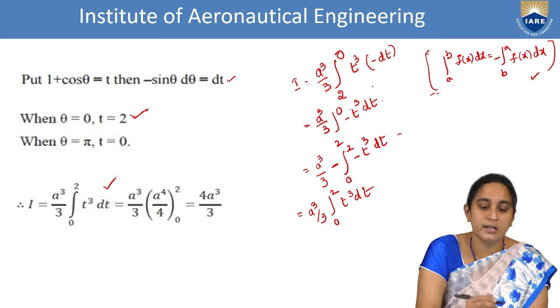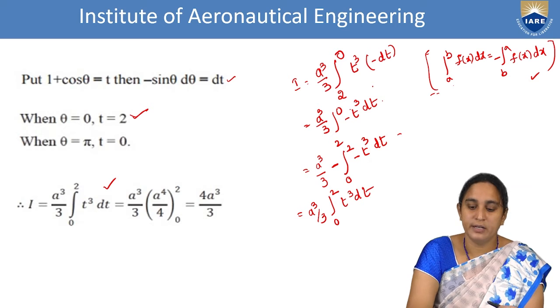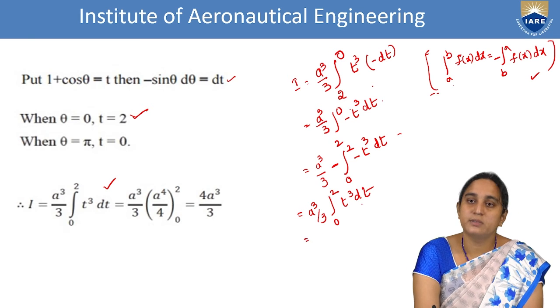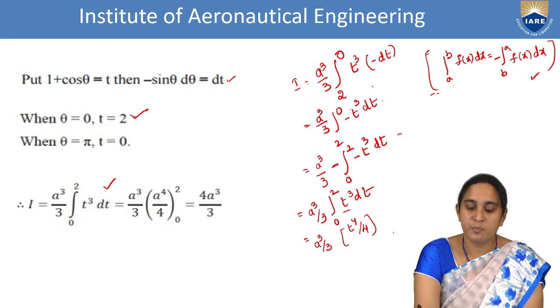That's why I'm writing directly here a cube by 3 into integral 0 to 2 t cube dt. Now it is converted simply, in terms of t. Now I'll integrate with respect to t, that is a cube by 3 into t cube integration as t power 4 by 4.